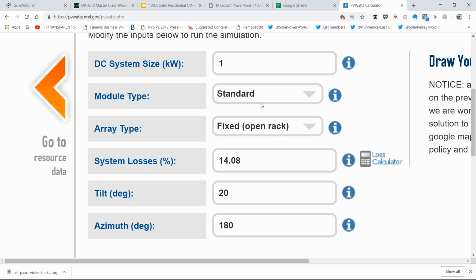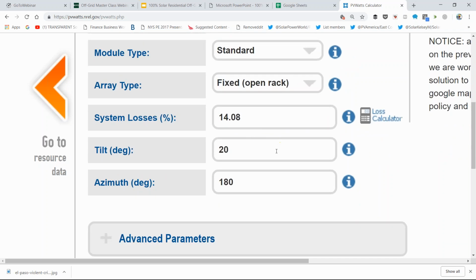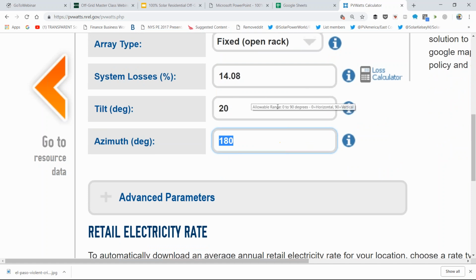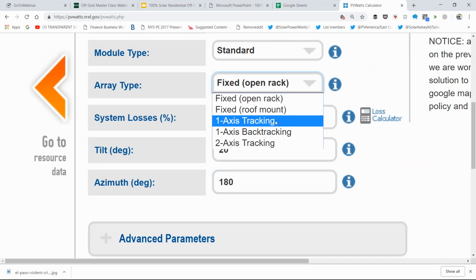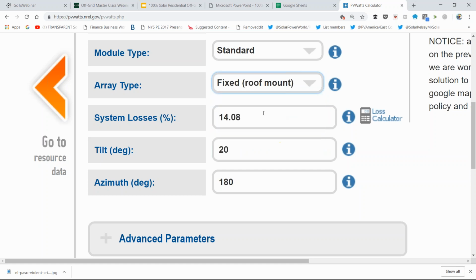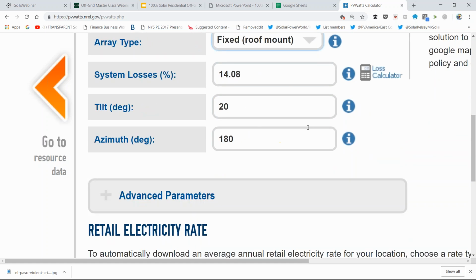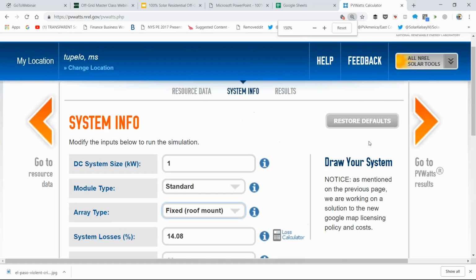This will give you conservative figures. One thing you might change is the tilt and azimuth of the array. And later tomorrow we'll talk about tracking arrays, and PV watts can model tracking. And so we're going to do a roof mount, tilted up, line of latitude, and you can explore what goes into the PV watts calculation on your own.